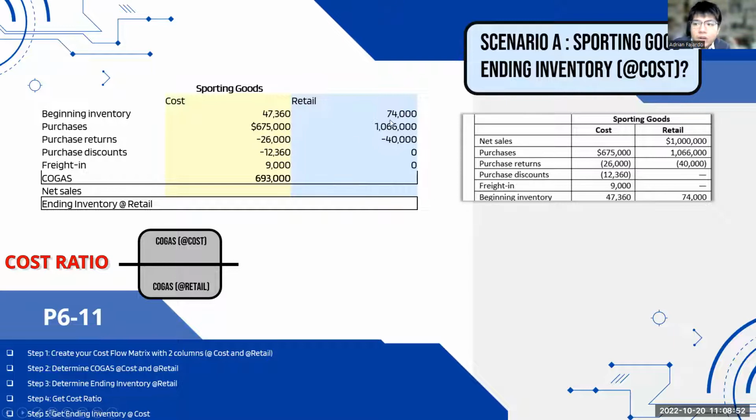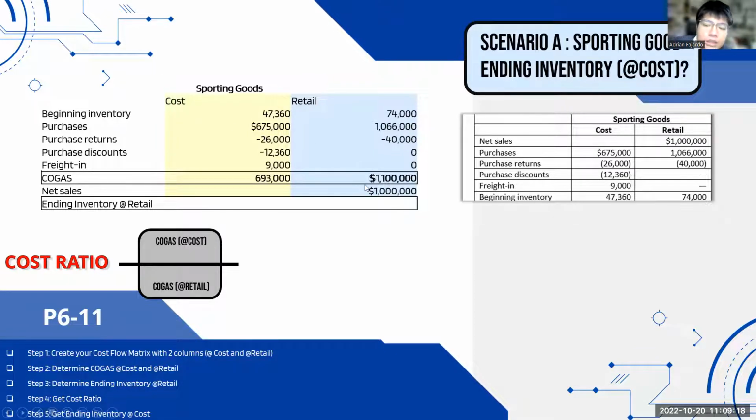And then add all of these together to get your cost of goods available for sale at retail, right? And then we get the net sales, which is given 1,000. Again, remember, net sales, you can treat it as parenthesis cost of goods sold at retail. So ang maapektuhan lang is yung retail column.